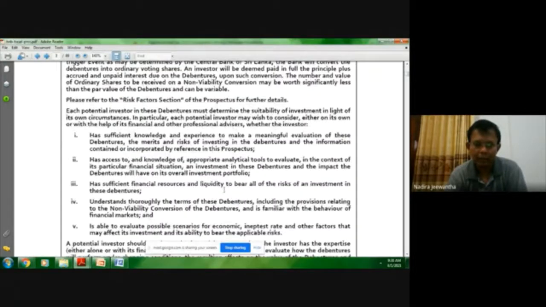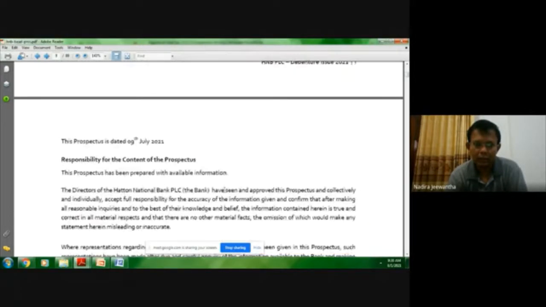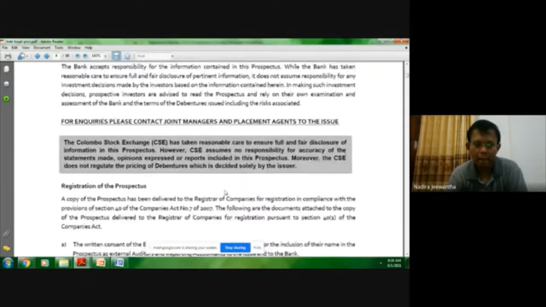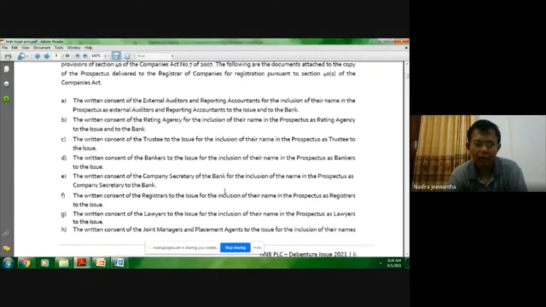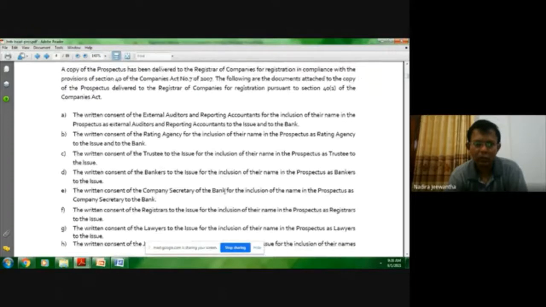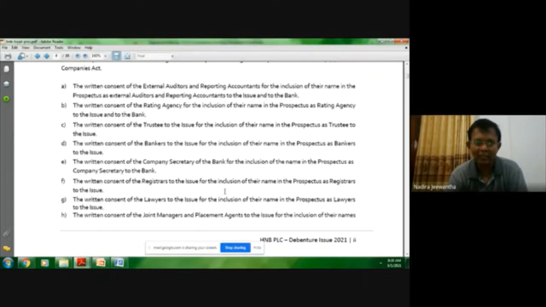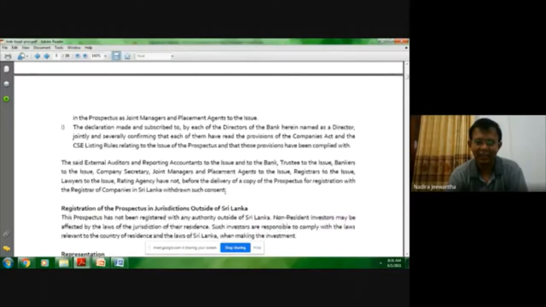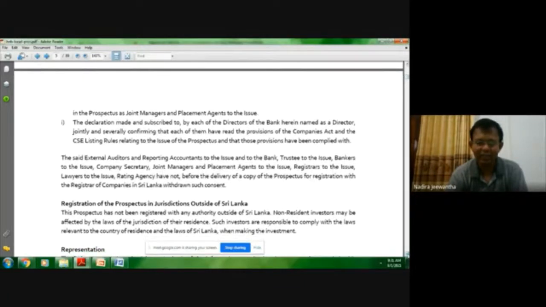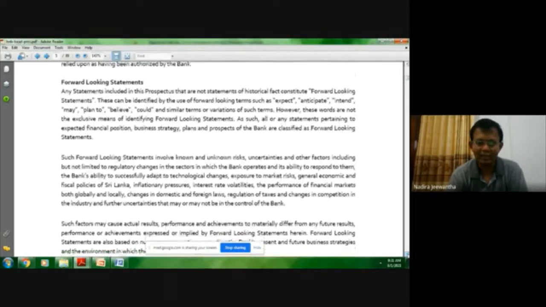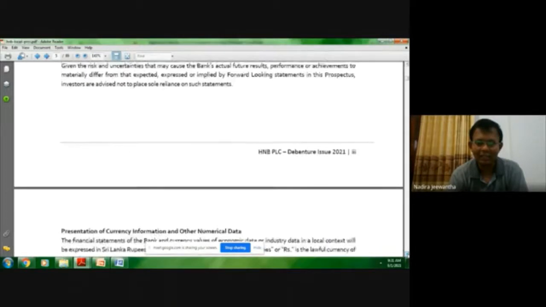Another one I need to tell you: now I told you everybody can't invest in this particular debenture. Even if you are an employee, you can't invest in this debenture. Why? This is Basel III compliant.